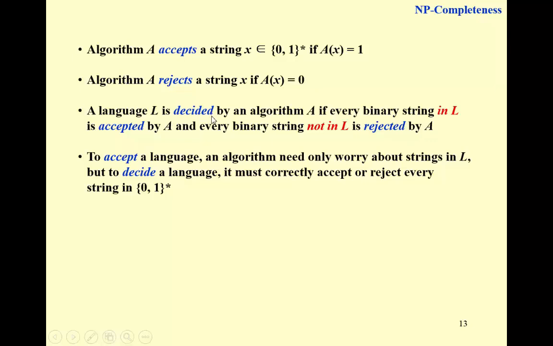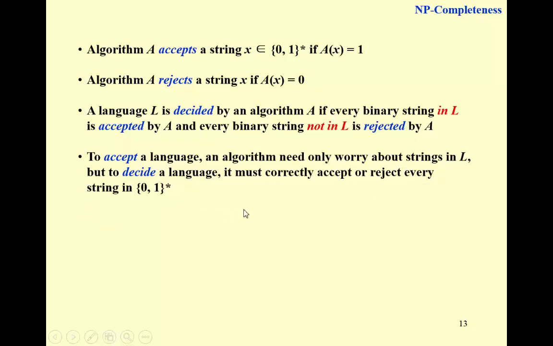Decide is a very strong relation. Means for every case that answers yes to the question, A can solve it and gives the correct answer, yes. But it doesn't mean that A can also tell no for those cases that are not in L. Only if A can do both that we say that L is decided by A. So to accept a language, an algorithm need only worry about strings in L. But to decide a language, it must correctly accept or reject every string.